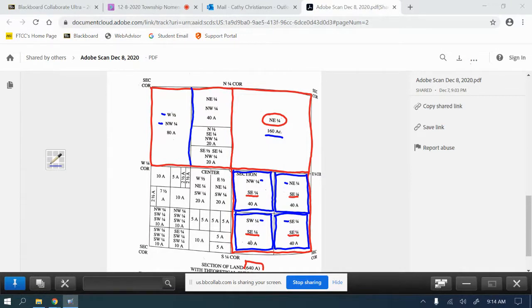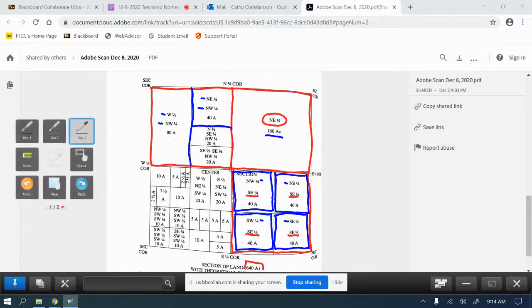Then for this one, it's actually the northeast corner, because that's the northeast corner of the northwest 1/4. So northwest is my red, which is around the whole 160 acres. And then they broke that up into a quarter system. And that one was the northwest quarter. Now the smallest one here is 20 acres. So let me show you how they do that one.